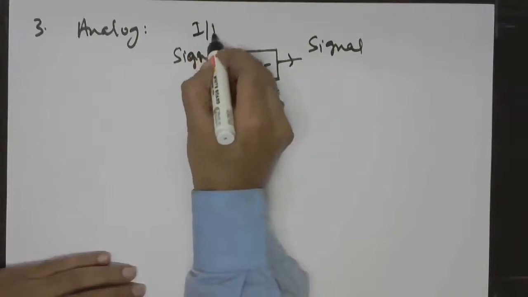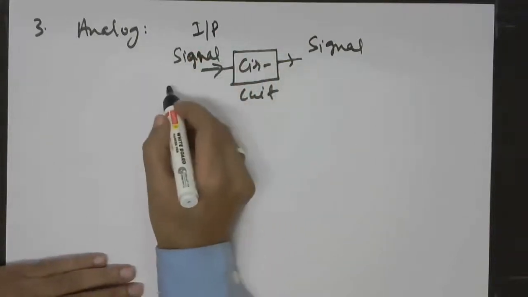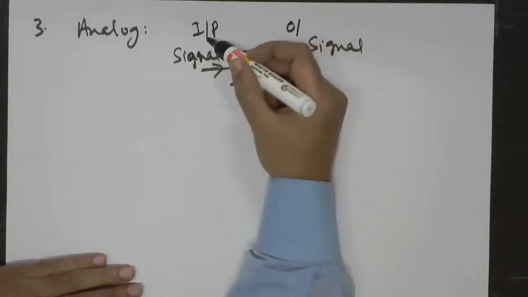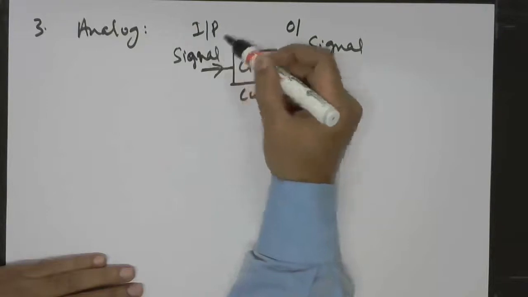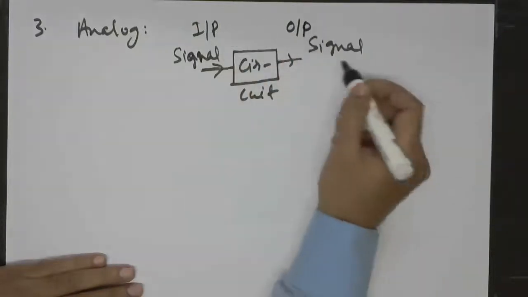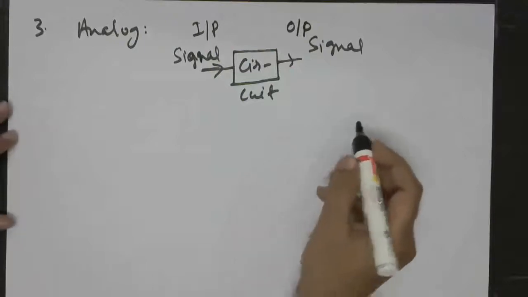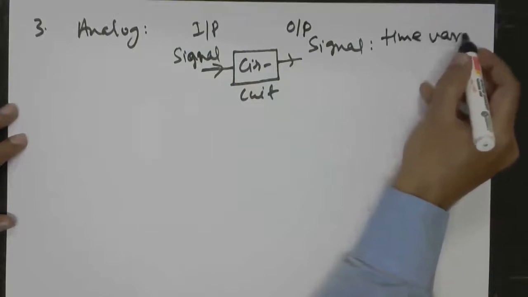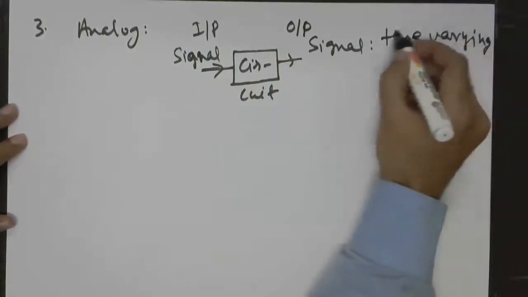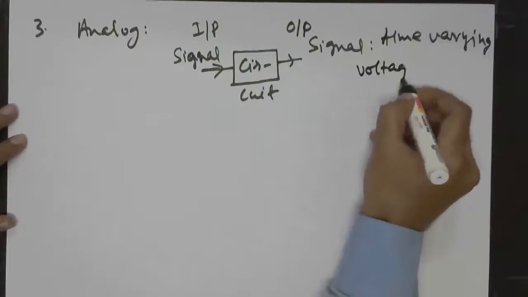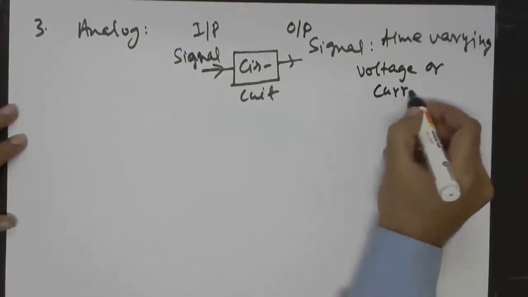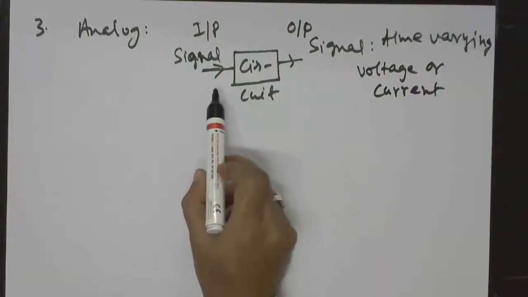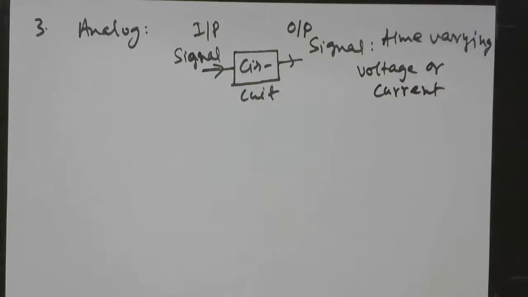So we will be providing what is called a signal, and it will do some operation or processing of this input signal, and it will produce a signal which we will call the output signal. And by signal, we mean a time varying voltage or current. So each circuit takes time varying voltage or current and produces time varying voltage or current typically.